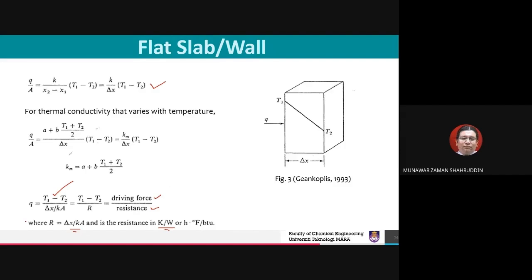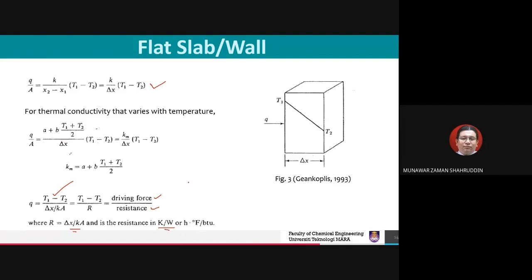So T1 minus T2 is delta T. This one is the resistance, conductivity and A. For thermal conductivity, it varies with temperature. From T1 to T2, when the temperature changes, K changes.